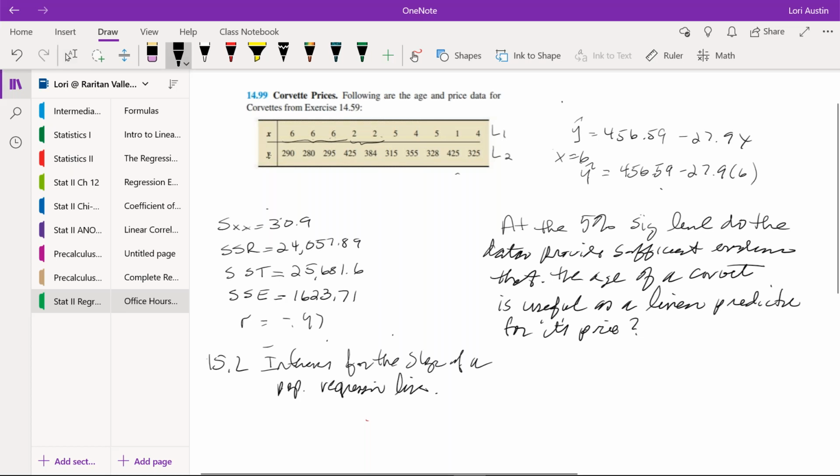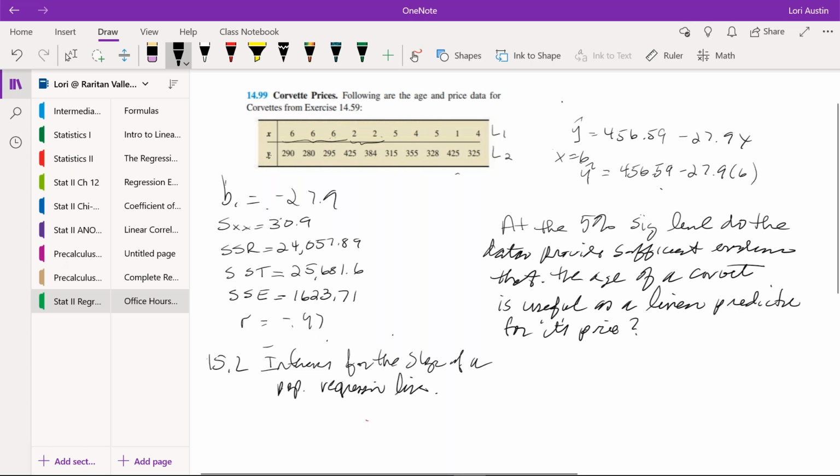So the slope we have here in our regression line is negative 27.9. The sample slope that we refer to as b sub 1, right? That is our sample slope from our regression line, negative 27.9.